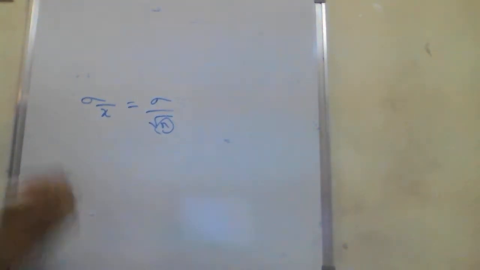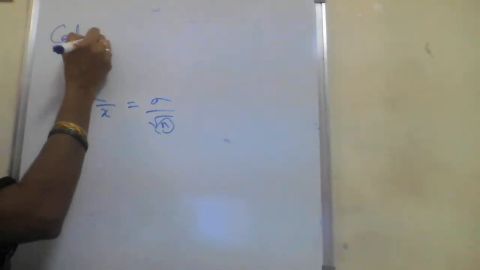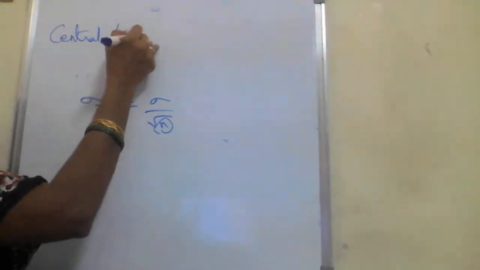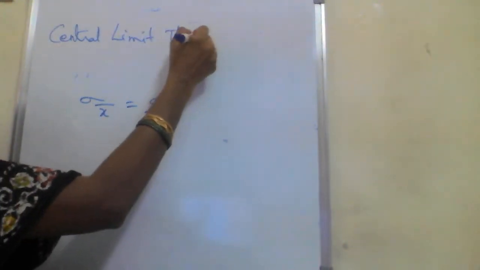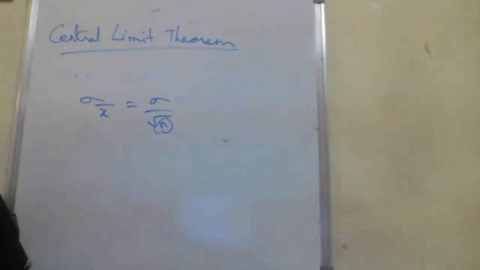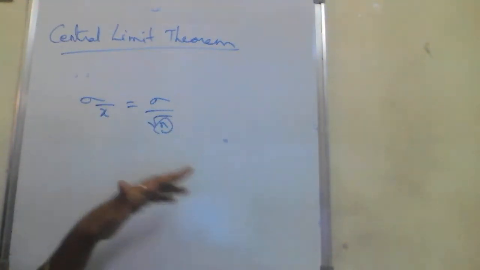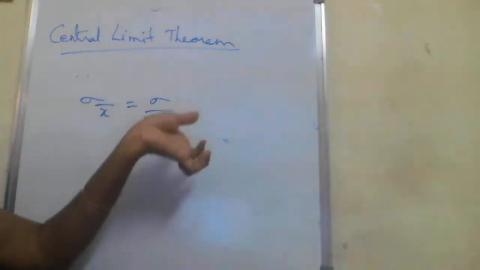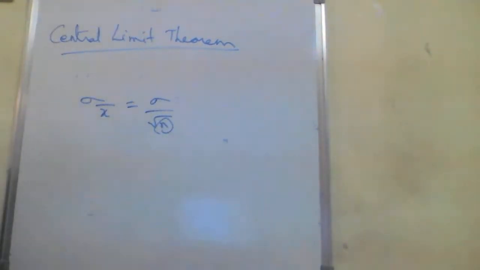So next is the central limit theorem. This is an important theorem in statistical inference. Statistical inference means whatever conclusion you want to come to about a particular sample, you use this central limit theorem.